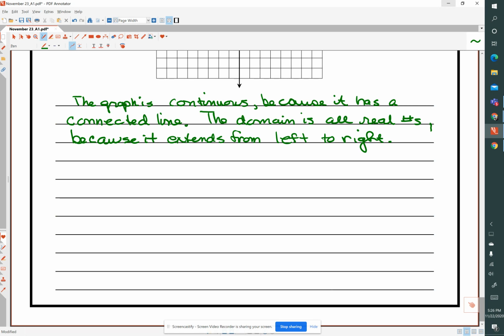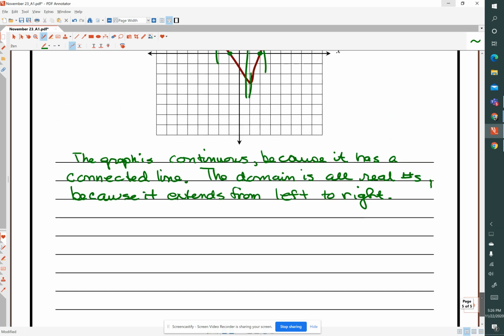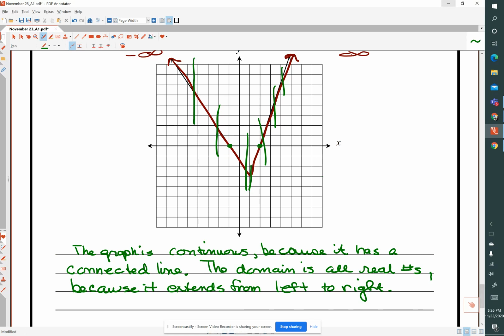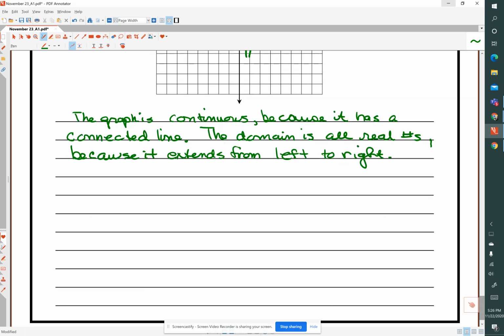The range, did we remember to talk about that? The range, this is -3. Okay, here's the lowest part. So the range is everything greater than or equal to -3.